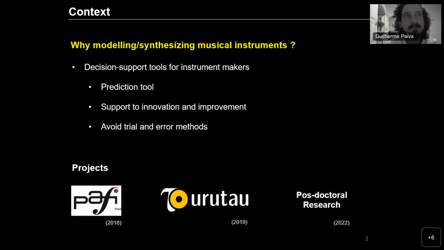We used these physical models as prediction tools, in order to support the innovation and improvement of these musical instruments by avoiding trial and error methods. So we could save money, materials, and time, and we can optimize the manufacturing process.